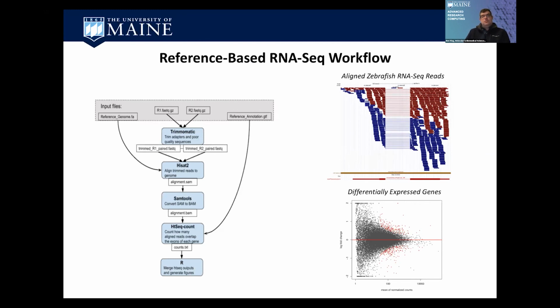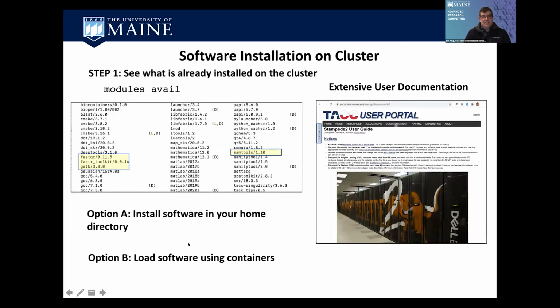And so one needs to have the software installed on this Linux cluster. And you can look at all of the software that's installed using a command called module, and look at what's available. And some of the ones I've highlighted are ones that we commonly use. If the software is not accessible on the cluster, then you can install that software in your home directory, or load the software using containers.